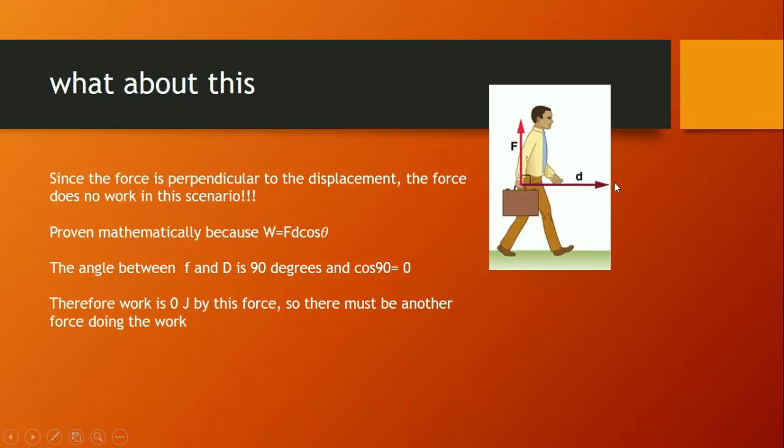Does that make sense? How can a force that is totally perpendicular to the direction it's moving affect the movement? Basically, if a force is perpendicular to how it's moving, that force does no work on that object.